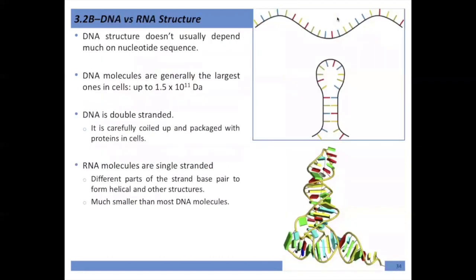So just a little bit about the difference in DNA and RNA. In this base pairing, RNA tends not to form these double-stranded helices. They tend to form single strands that do base pair, but they base pair and form loops and stems and all sorts of complex structures that you can see.